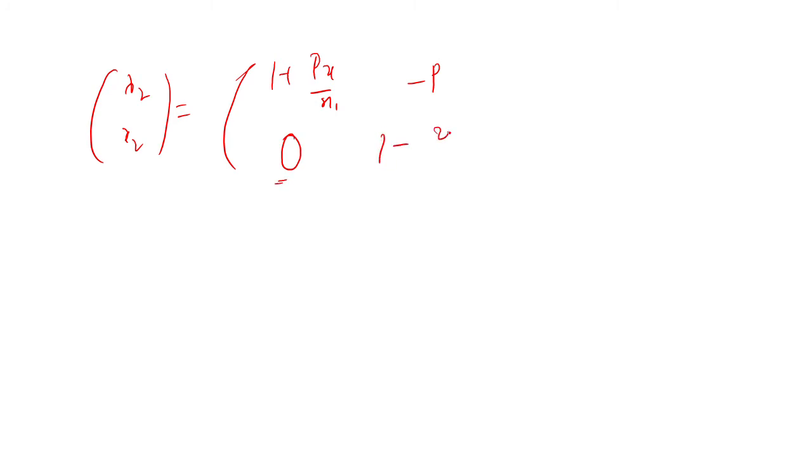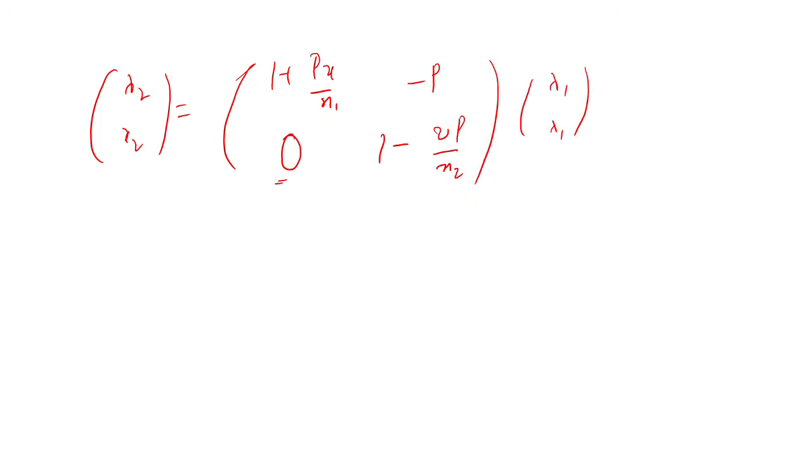So now if I truly write the matrix, then I would have lambda 2 x2 is equal to 1 plus pu by n1, minus p, 0. This is the term that we showed to be 0, minus vp by n2, times lambda 1 x1.